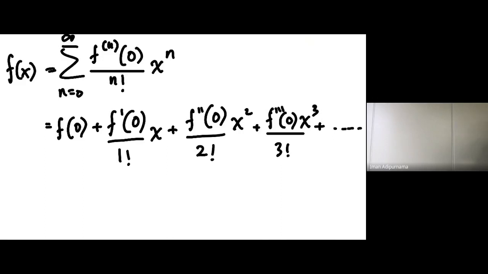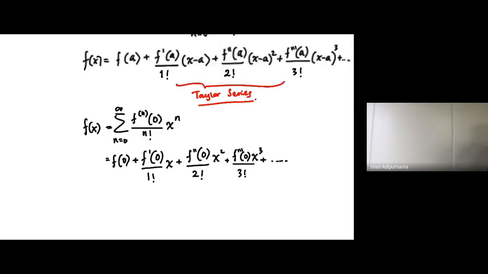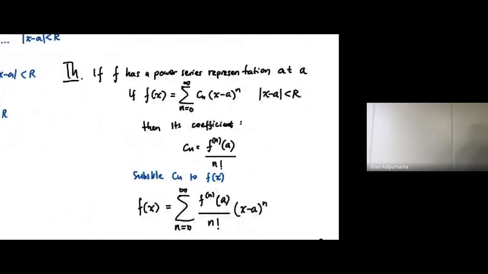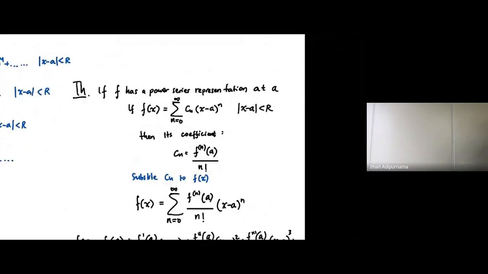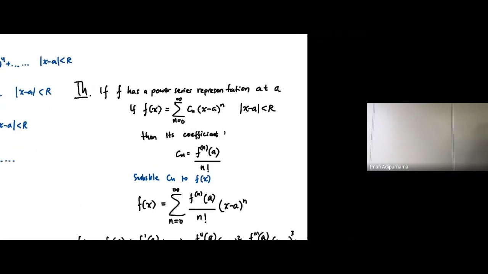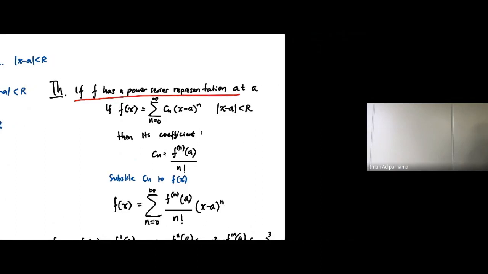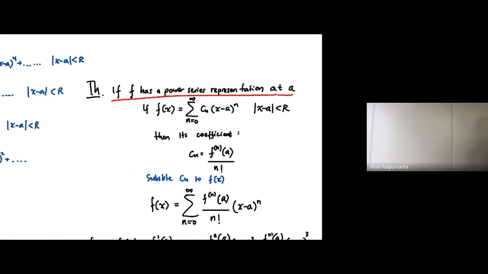Remember the previous theorem; what I want to emphasize is this. You need to be careful here. The theorem is saying that if a function has a power series representation at A, that's the first case.